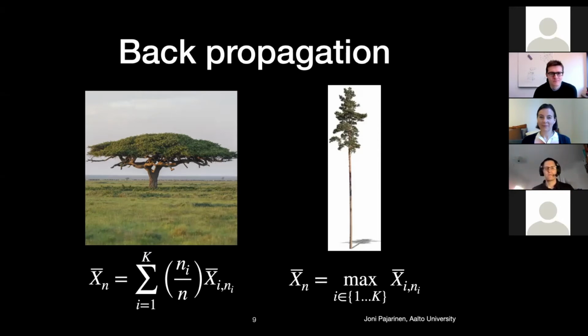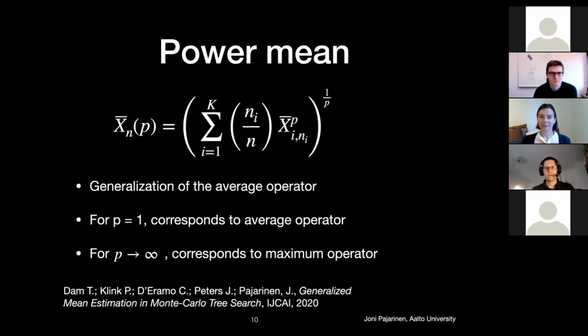And what we would like to have is something in between these. First of all, we want to prove that we converge to the optimal solution, which can't be done for the max operator, but we still want a policy that looks far into the future so that we can do optimal decision making. And how do we do it?